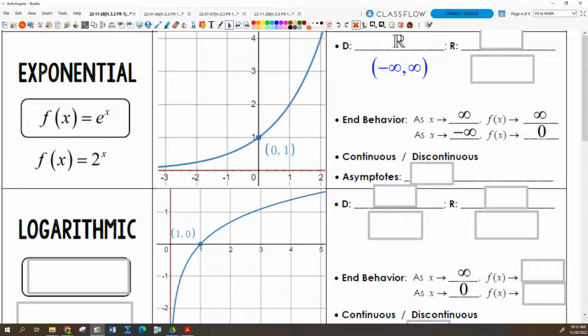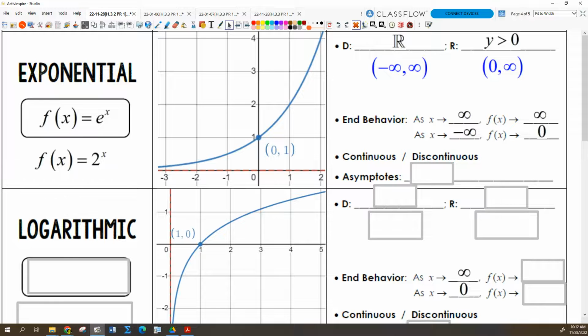All the y values. There you go. Good. Parentheses 0, infinity. Perfect. Or y is greater than 0 is the other way we could say that, right? How come we need parentheses? Because of that asymptote, right? It never actually gets down to y equals 0.